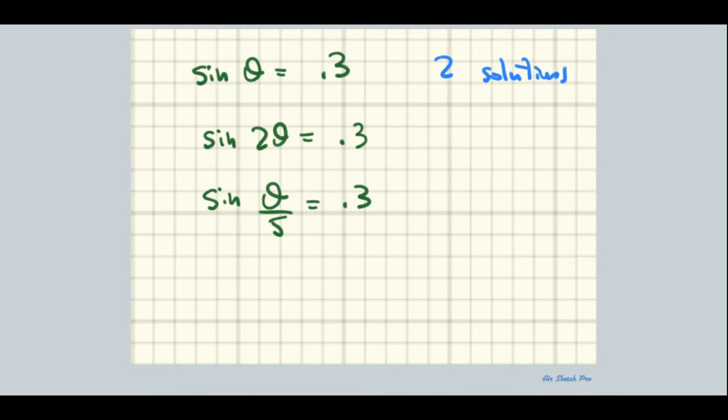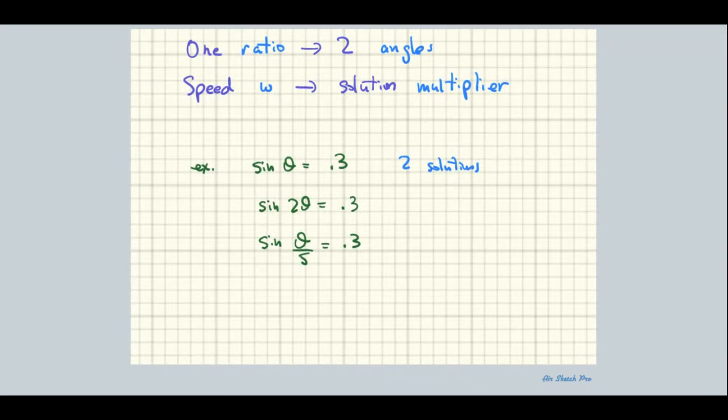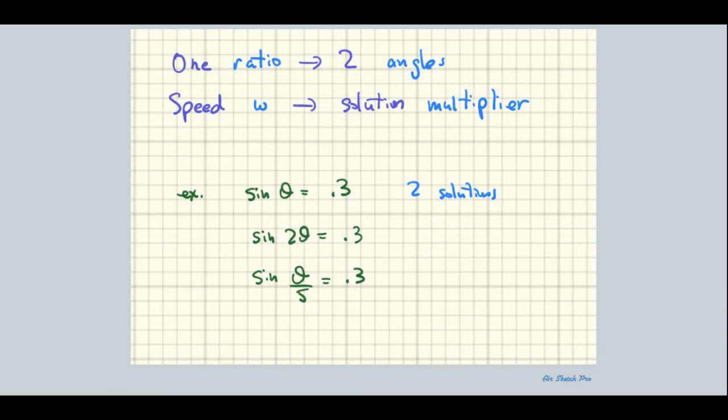Now, let's make this more complicated. How many solutions do I expect for sine 2 theta equals 0.3? Recognize what the omega is here, guys? Omega is 2. See the omega?